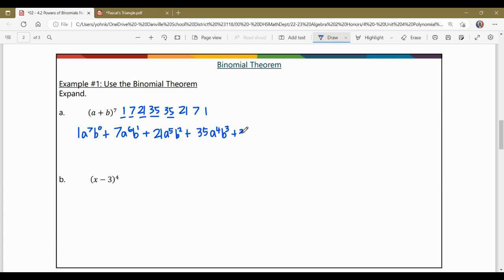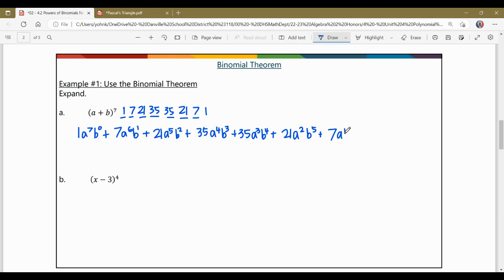Next coefficient is 35. Go down a power, A to the 3rd, and then go up a power for B, B to the 4th. Plus, grab the next coefficient, 21. Go down a power for A, so A squared. Go up a power for B, so B to the 5th. Plus, grab the next coefficient, 7.